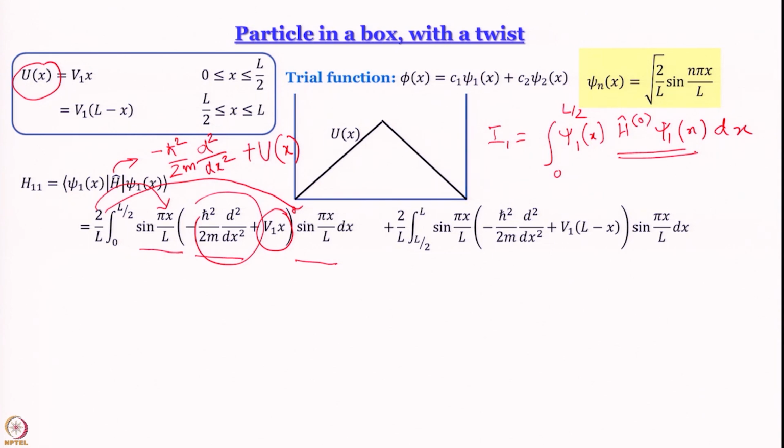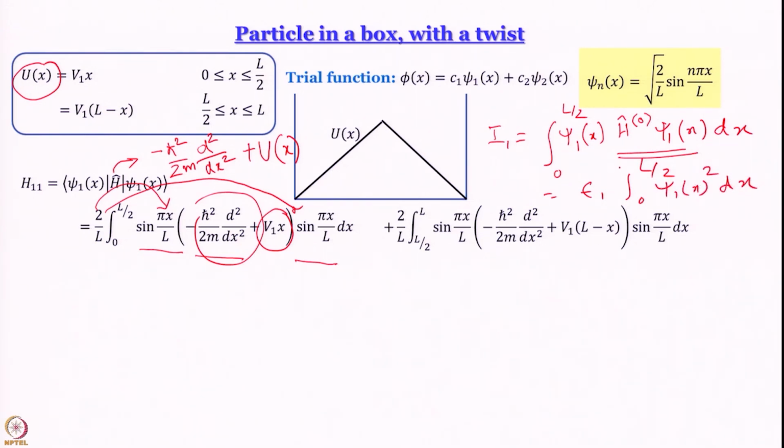If the length is L, then it will be L square. So, this turns out to be just the energy, and then you integrate from 0 to L by 2, so this is equal to epsilon 1 times the integral from 0 to L by 2 of psi 1 of x whole square dx.